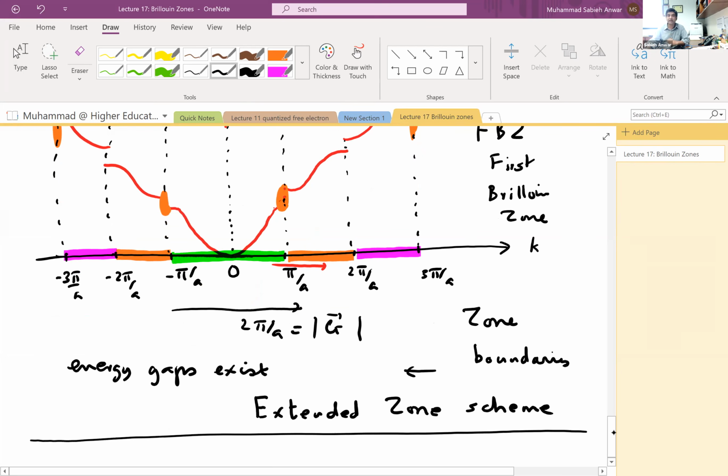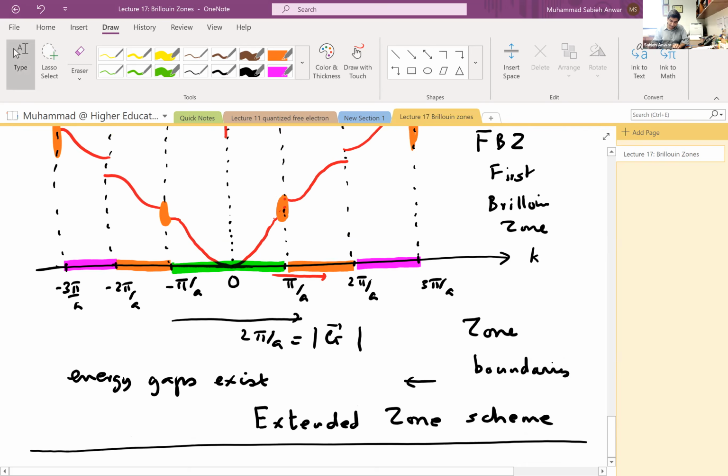But the arbitrariness gives us the liberty and the justification to just focus on the first Brillouin zone, because we can bring out all the parts that are further out in the second, third, fourth Brillouin zone, and translate them back into the first Brillouin zone with the proper magnitude, some multiple of the reciprocal lattice vector.